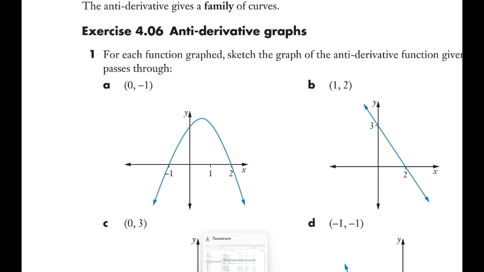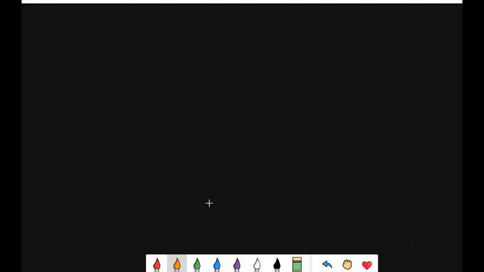Okay, let me go back to my blackboard, different color. So I draw the y-axis. Hold on, let me rub this off. I always forget that I'm trying to draw with the mouse, which causes problems.